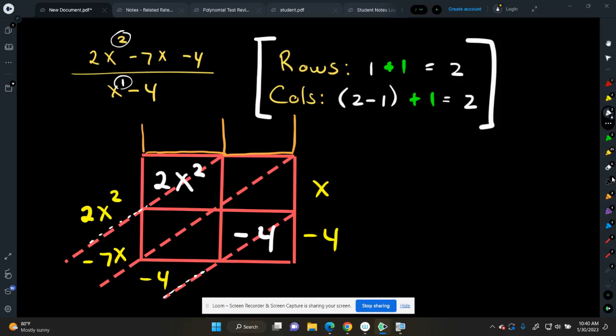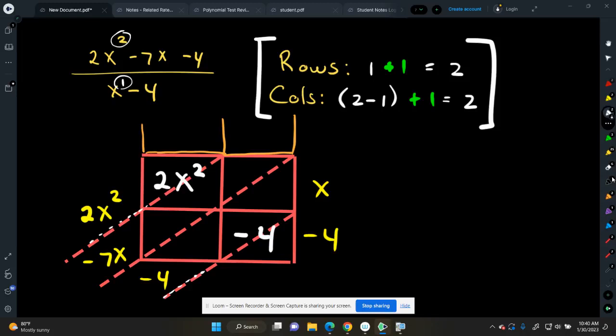So the leading exponent is a 2. So we do 2 and we always add 1. That gives us the number of rows. The columns, we take the leading exponent on top, the biggest exponent on top, and we subtract the biggest exponent on the bottom.